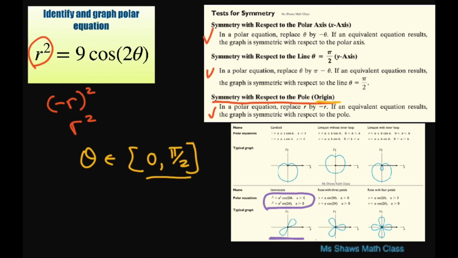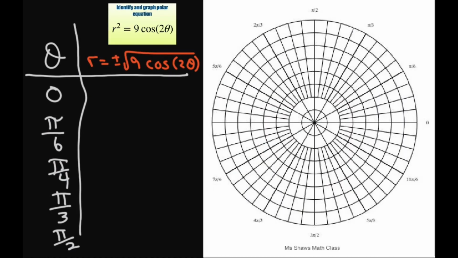And we're doing that because of our symmetry test here. Since it's symmetric to the x-axis and the y-axis, we can graph the whole thing just based off quadrant 1. So I have the values here, and let's substitute in.